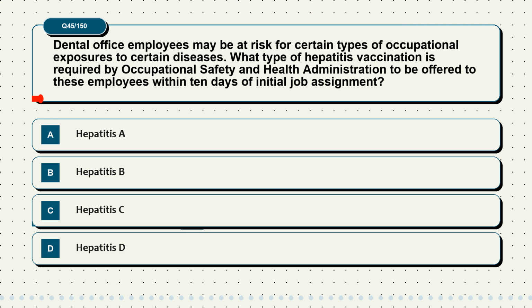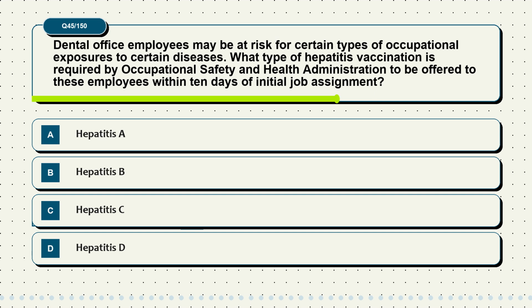Question 45. Dental office employees may be at risk for certain types of occupational exposures to certain diseases. What type of hepatitis vaccination is required by Occupational Safety and Health Administration to be offered to these employees within 10 days of initial job assignment? Here are the options.